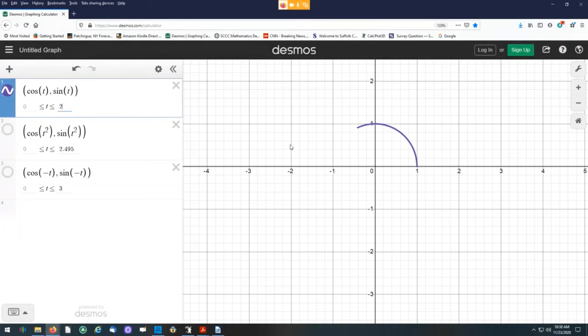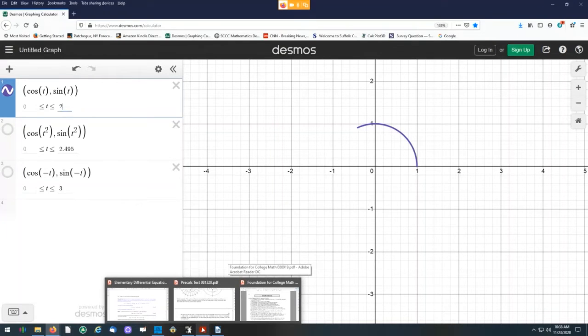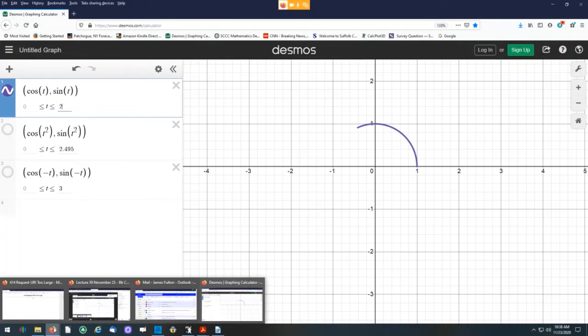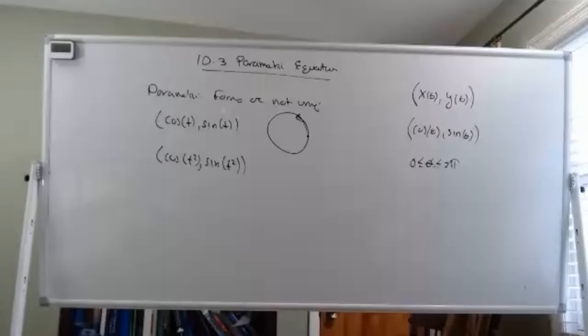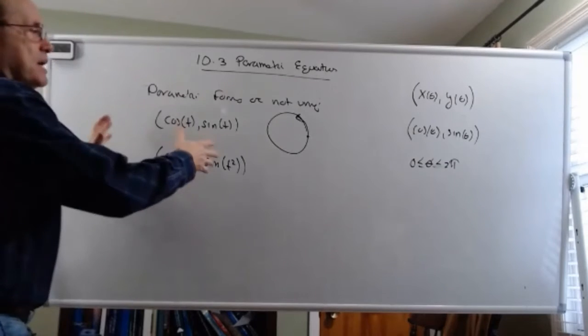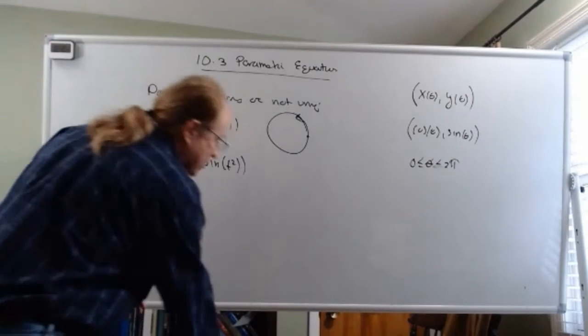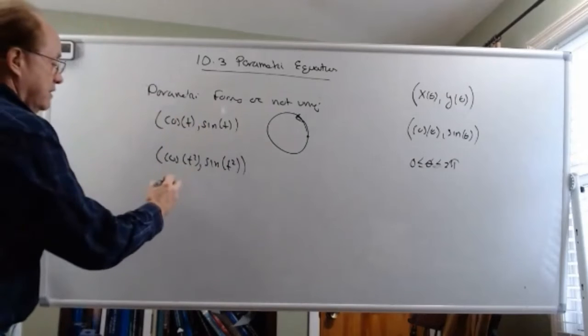So what this representation permits me to do is give speed and direction to curves, which is a unique and fascinating thing. So a parametric representation in general looks like this. Here it is.